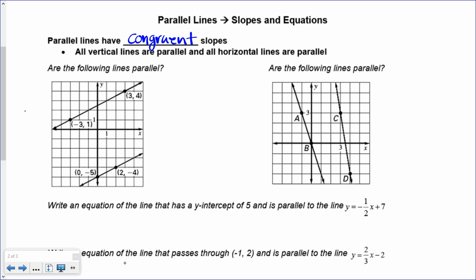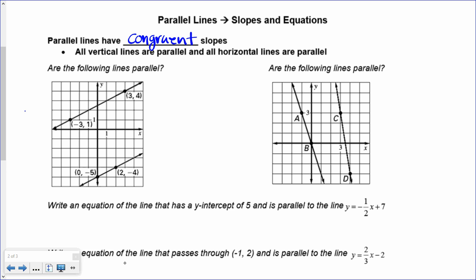All vertical lines are parallel. That makes sense, right? All vertical lines have the same slope, which is undefined, so they would never cross each other. Same thing for horizontal. They all have the same slope of 0, so they would never cross. So that's a little tidbit you guys can use. If you have a vertical line, every other vertical line that exists is parallel to that. Same with horizontal.